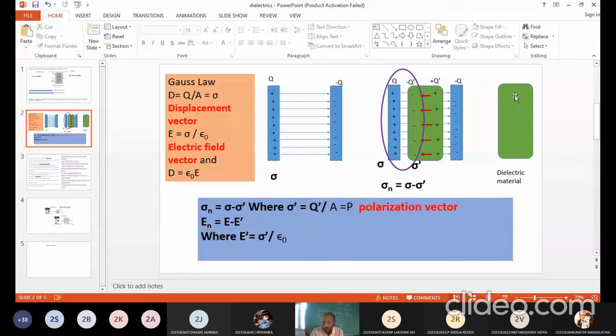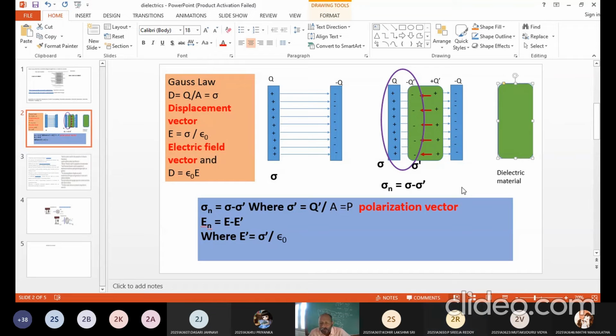Now what am I doing? I'm taking this dielectric material and placing it in the parallel plate combination. I'll not call it a capacitor right now. When I place this dielectric in the parallel plate combination, what's happening here?